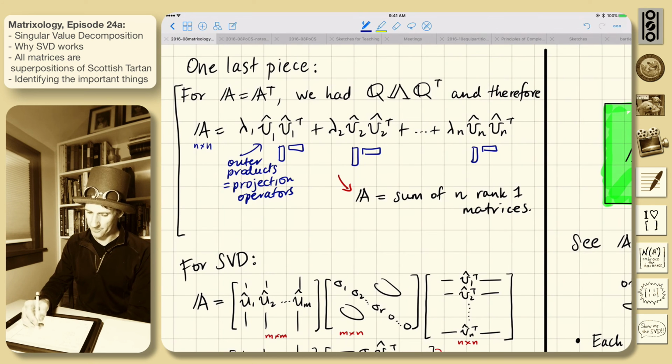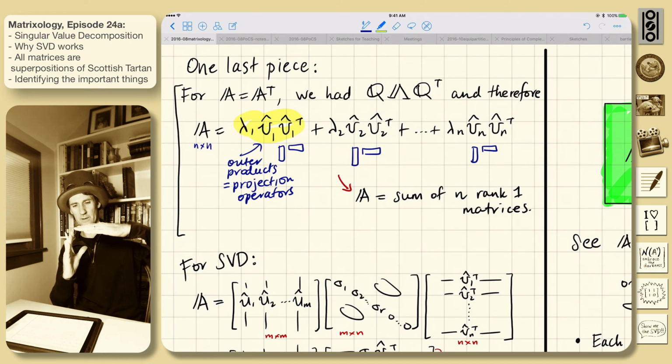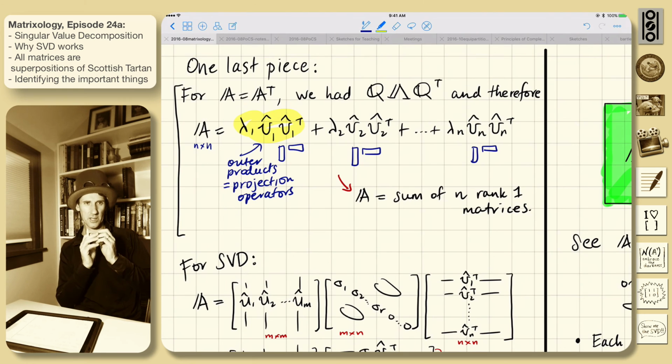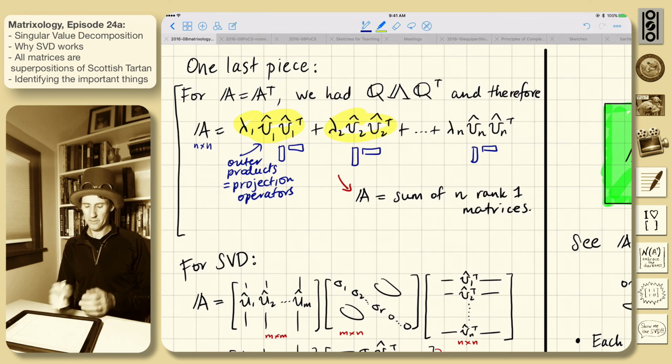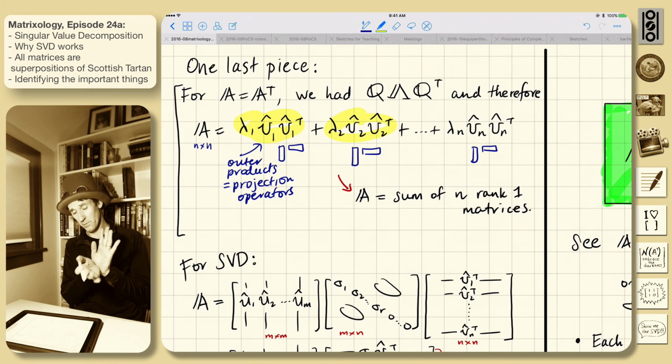They all have this form: V1 V1 transpose, so it's an outer product, and then lambda 1 here. And these are exactly our projection operators. So you project A times X. This first thing comes along and says project it into the V1 direction and multiply by lambda 1. Just cut everything else off. The next one says project onto the V2 direction, which is at right angles because it's a symmetric matrix, and multiply by lambda 2.